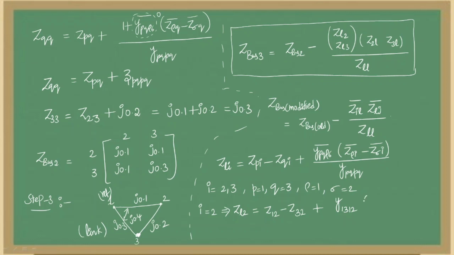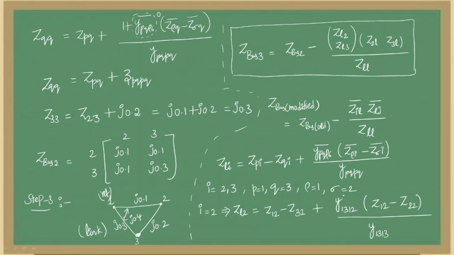So Y_13,12 multiplied with Z, rho is 1, I is 2, so Z12, minus Z sigma is 2, I is also 2, whole divided with Y_13,13. Okay. Y_13,13 is the self admittance of the added element between first bus and third bus.